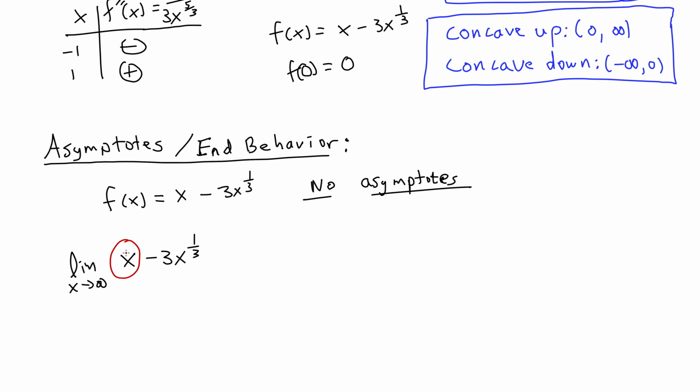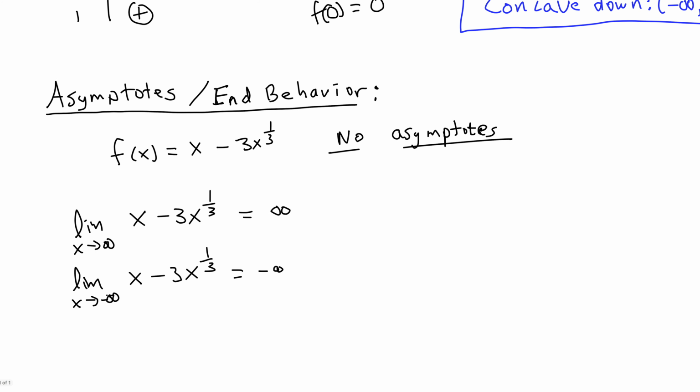So we really only need to look at the x term and not the negative 3x to the 1/3. And that's clearly going off to infinity as x goes to infinity. So our right behavior, we could say, is infinity. Similarly, we take the limit as x goes to negative infinity of the same function. And for the same reasons, we'll get negative infinity there.